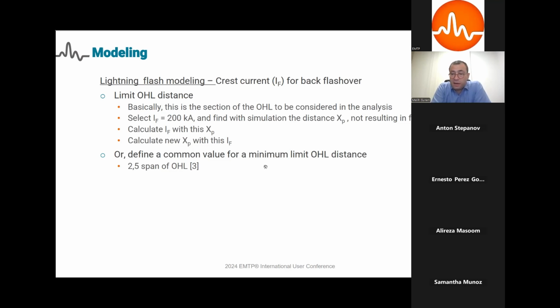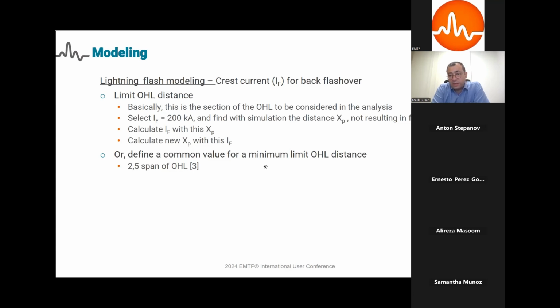Then the crest current value can be calculated with this XP. Then this current value can be used again for calculating the new XP value. Then iteration continues until the process converges to an acceptable XP value.